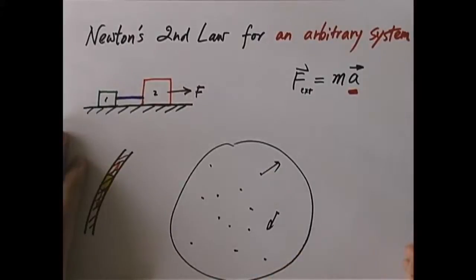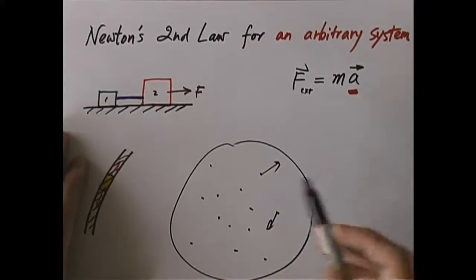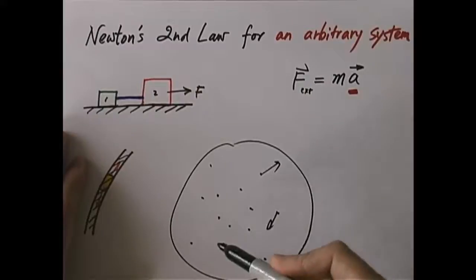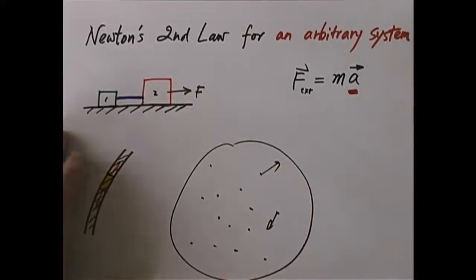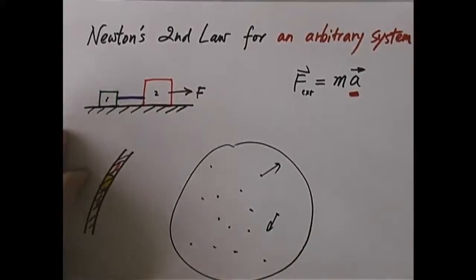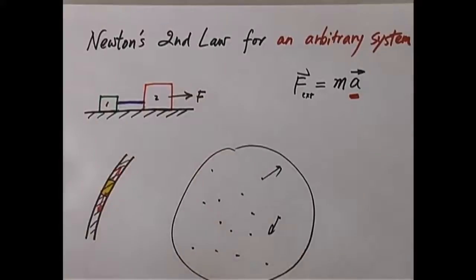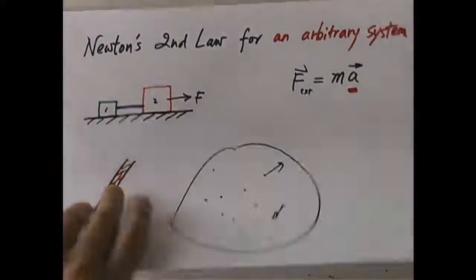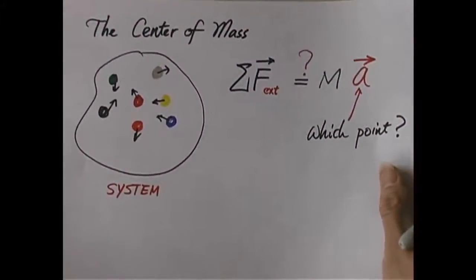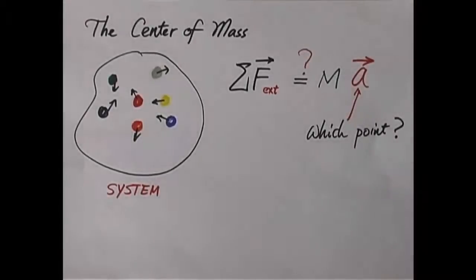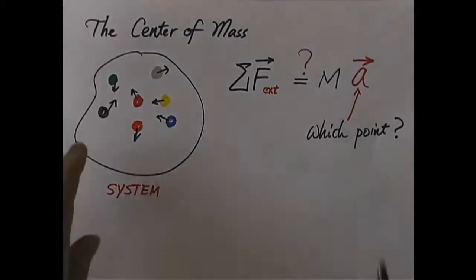They can have totally different acceleration. Is it possible to include all these particles with different acceleration into the same system? That is what I mean by an arbitrary system. Of course, if we can do that, we have certainly extended the applicability of Newton's second law beyond what we have learned yet. And that calls for the concept of the so-called center of mass.